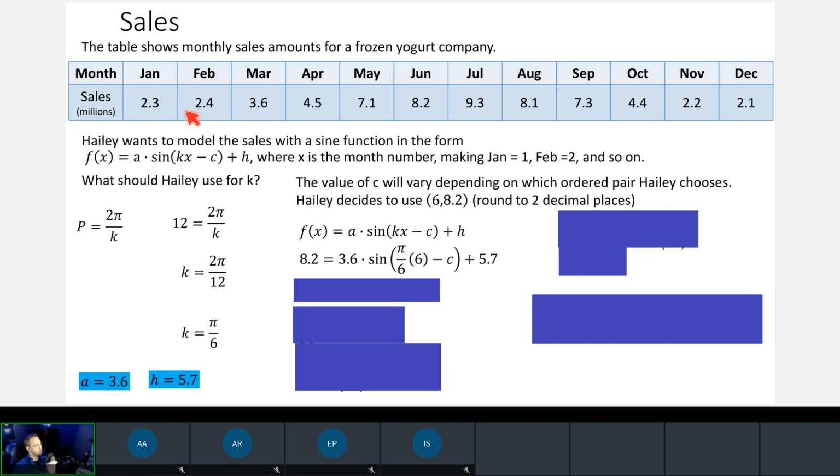So if we choose a different month and plug it in, our phase shift may be slightly different depending on which data point we use. But because I'm forcing you to use 6, 8.2, we're all going to have the same answer. So hopefully that's clear.